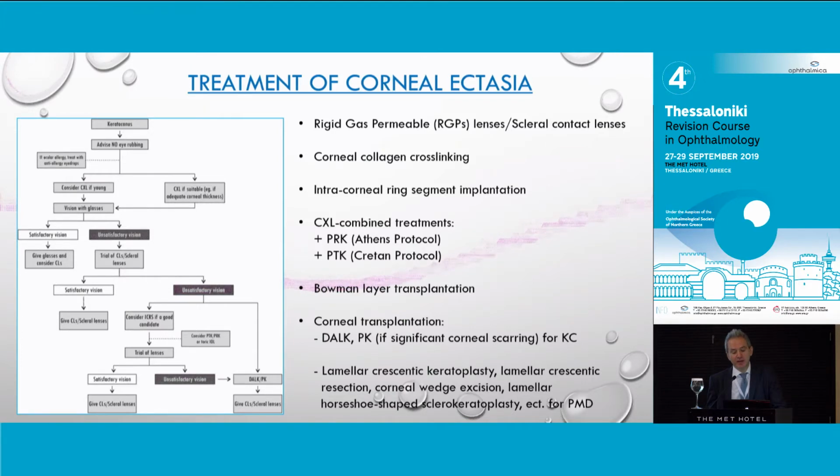And of course, for other ectatic diseases such as PMD or Terrien marginal degeneration, where we also have the typical features of ectasia with thinning of the cornea, there are different approaches such as lamellar crescentic keratoplasty, eccentric corneal wedge excisions, etc. There are many case series on these procedures, but these are procedures that you do not want to perform. The results are not good.